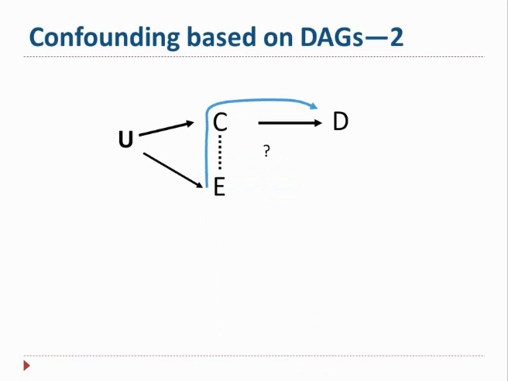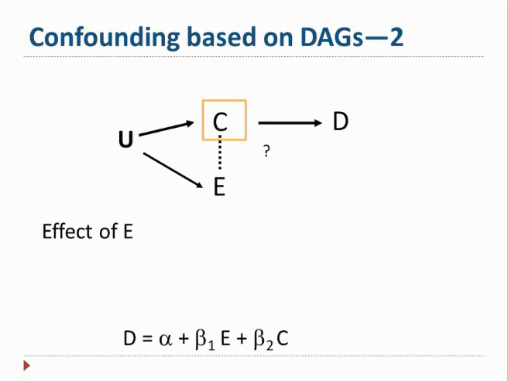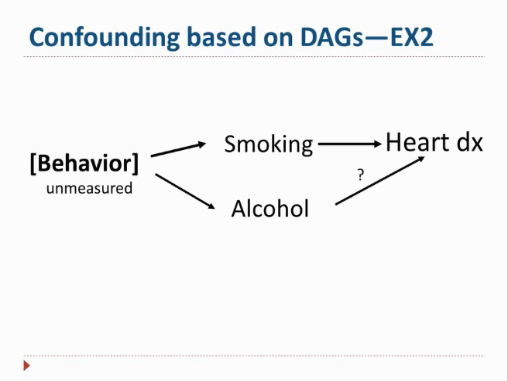So if we look at the effect of exposure on disease, we'll see some of this arrow, but we'll also be seeing some of this effect. So we want to get rid of any of the other backdoor paths. So we're going to adjust for the confounder and remove that association so that we can estimate the effect of E on D. And here, this is just highlighting that in our regression model, we would be adjusting for C.